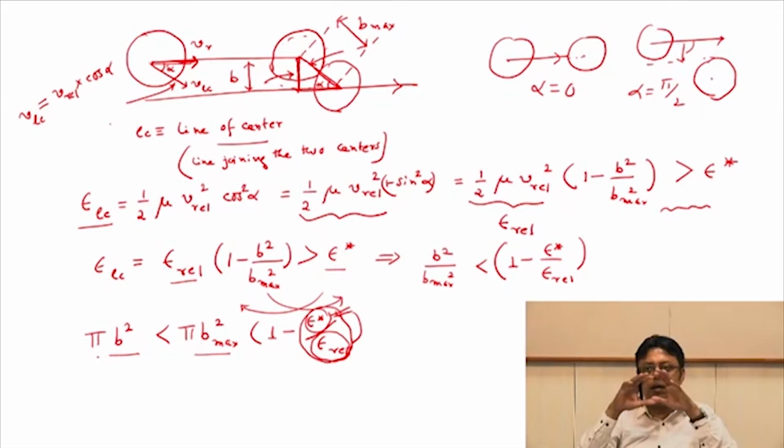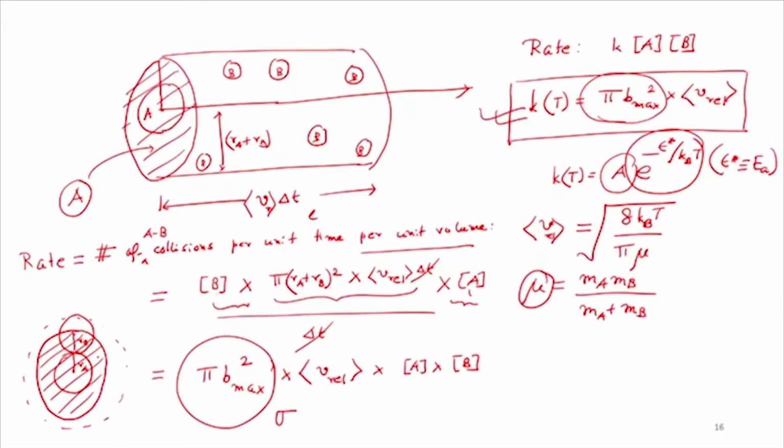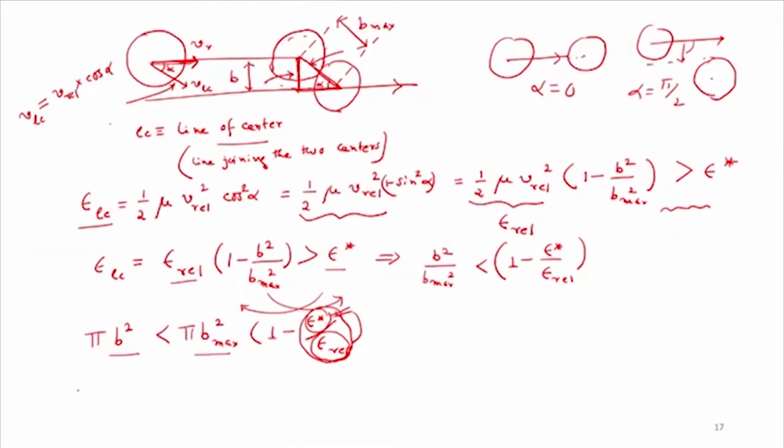In the earlier case, there was an effective cross section, and if collisions hit it, the cross section was nothing but pi b max squared. However, we are now saying that not all of this cross section will give a reaction, only a fraction of it. Which fraction? Say, for example, only this area which we are drawing like this. A smaller area is giving me a reaction.